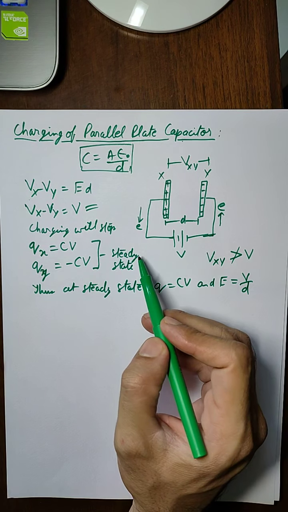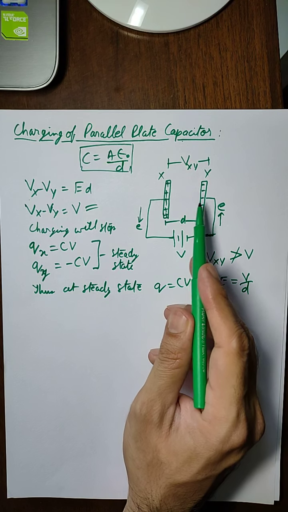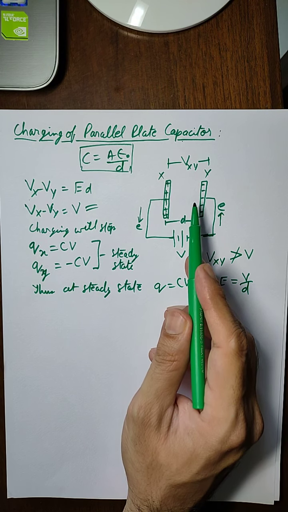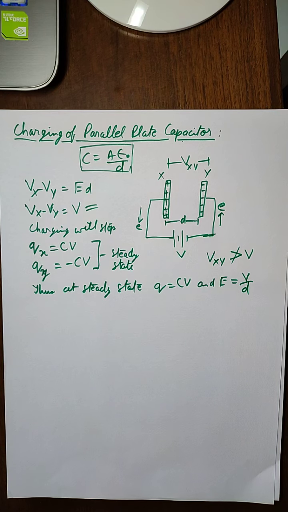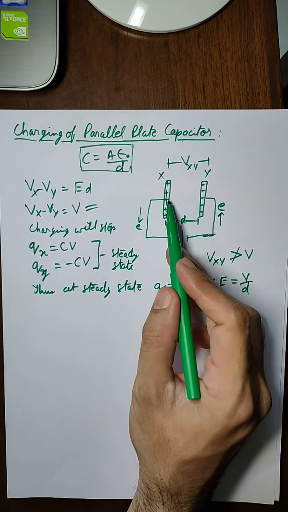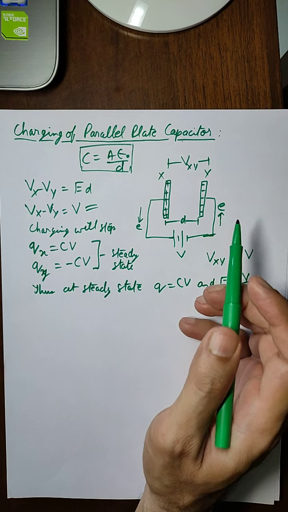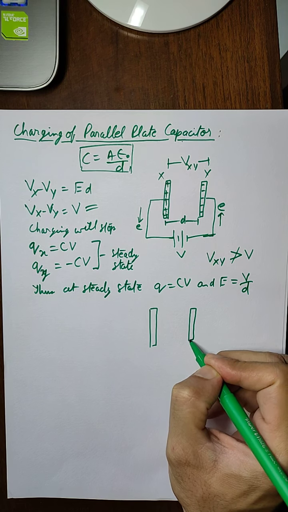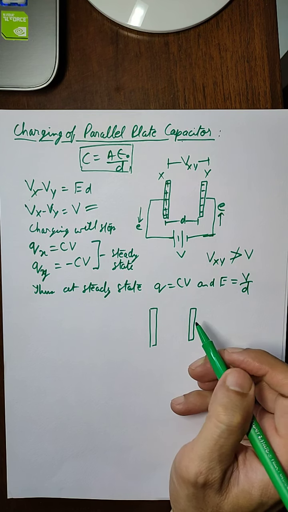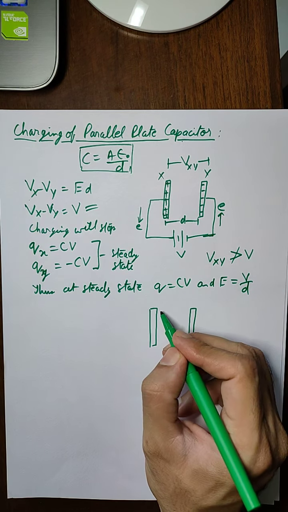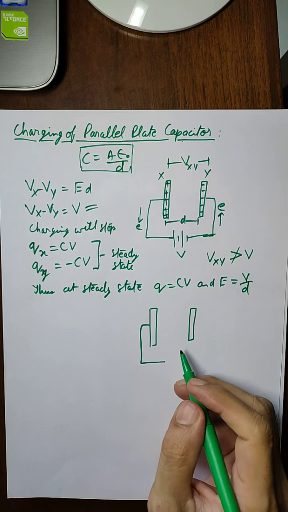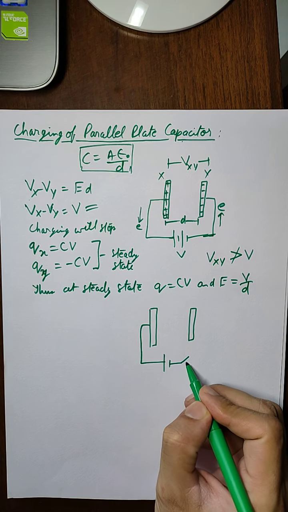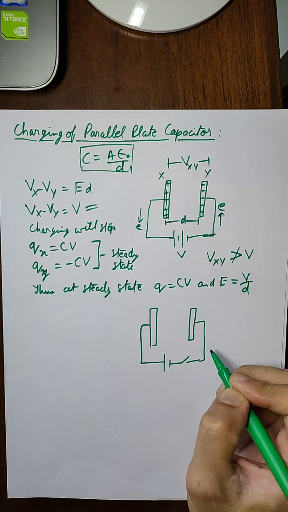So this is what happens if we have a system of plates with no charge and the charge is supplied by the battery. Now suppose we have a system of plates X and Y which were already charged, and we connect them to the battery via a switch.